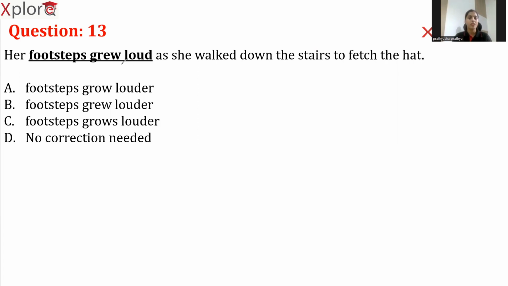That's the context. Now, as you can see, "as she walked down". The term "walked" is suggesting that the sentence is in past tense, because "walked" is in V2 form. So obviously, whatever verb we use here should also be in past tense. Hence, we should not have any mismatch in the sentence tense-wise.